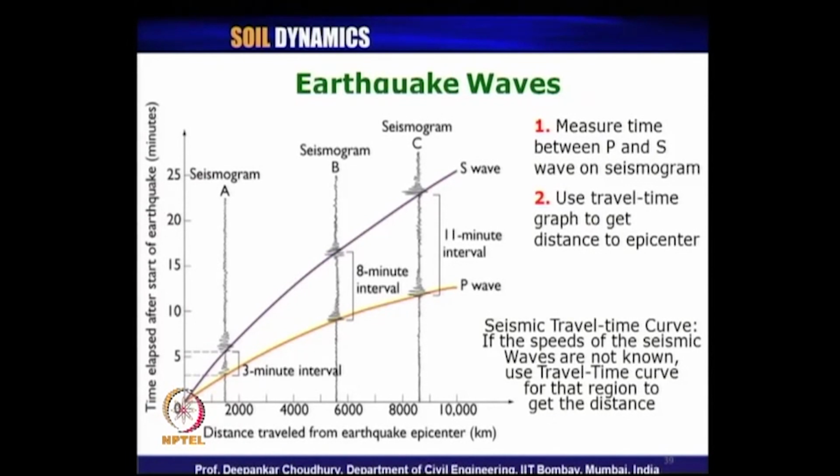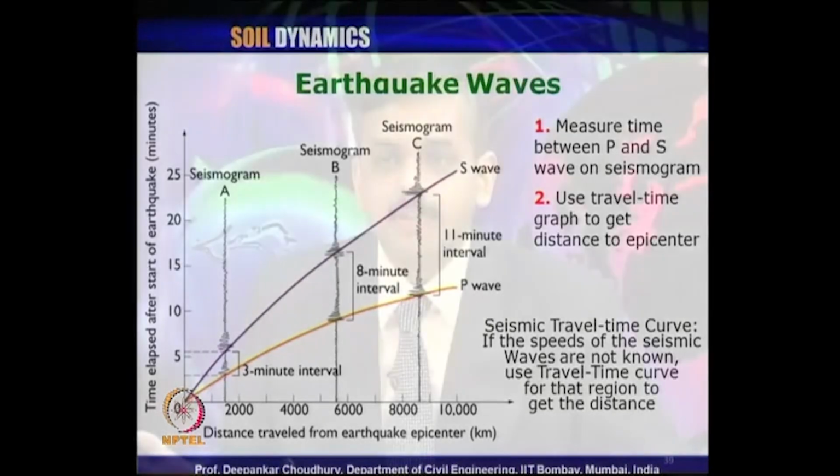So, that is why I said instead of relying on 3 circles, let us use as many circles as possible based on available recording stations. But suppose we want to get rid of that error where we do not know the exact values of Vp and Vs, the crustal velocities, this travel time curve method can be used.